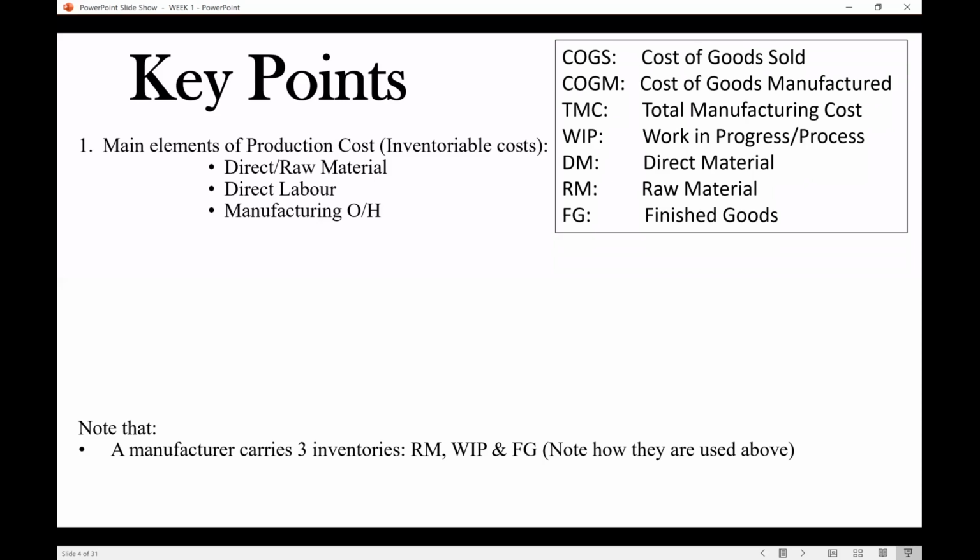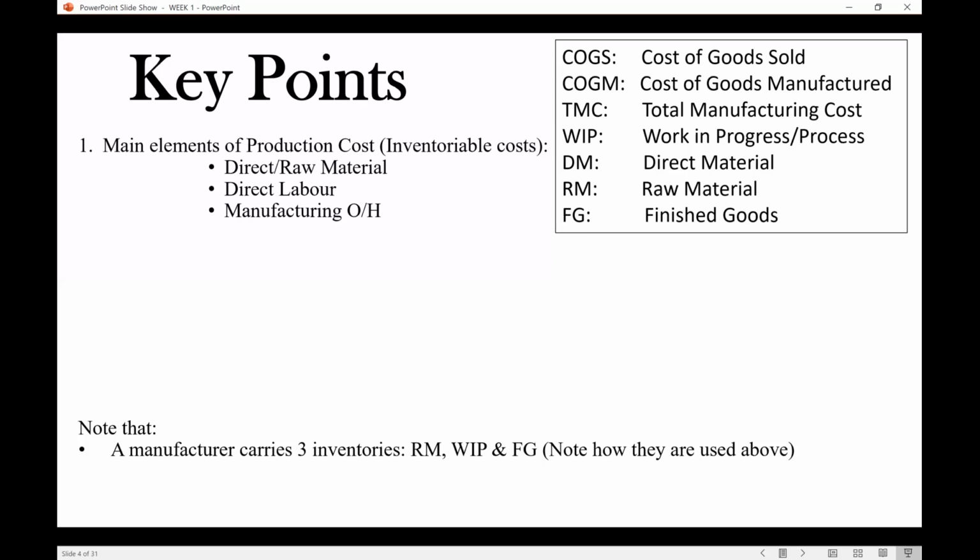So COGS stands for cost of goods sold, COGM, cost of goods manufactured. And I hope that's triggering your brain. Okay, what's the difference? Cost of goods sold, cost of goods manufactured. What it means is that what is sold is what was manufactured, but it doesn't mean that everything that was manufactured is sold. And therefore, that's how we have two different costs, right?